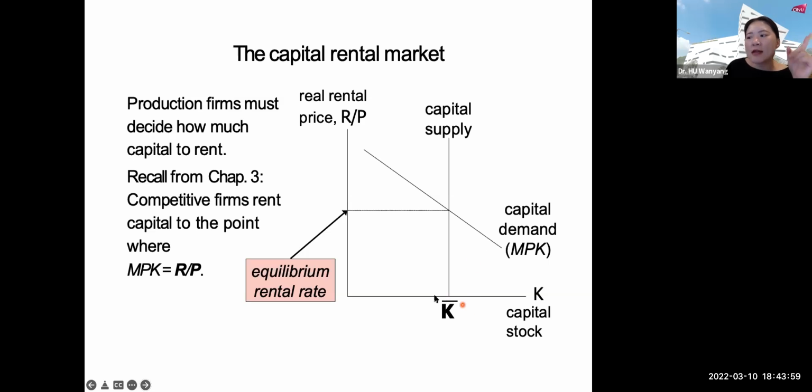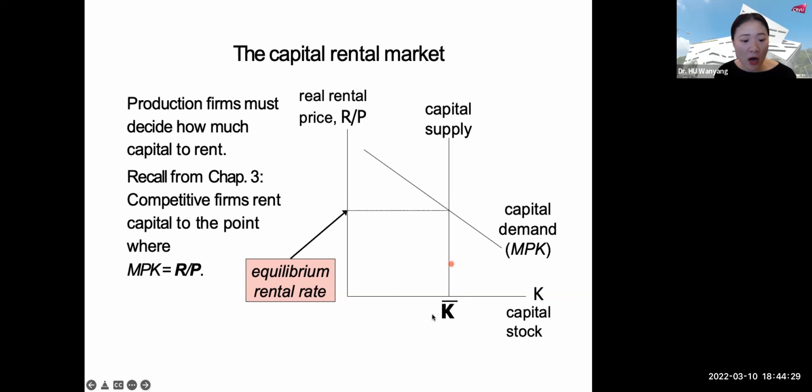The difference is that in this graph we're looking at the short-term equilibrium rental rate, because in the short run capital supply in the market is inelastic. It's a vertical line, meaning there won't be changes in the total capital stock in the market in the short run. So it's fixed.